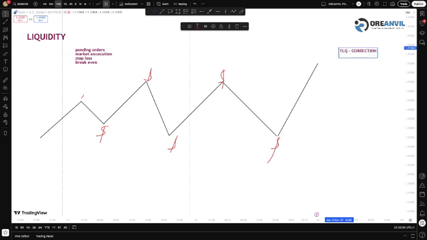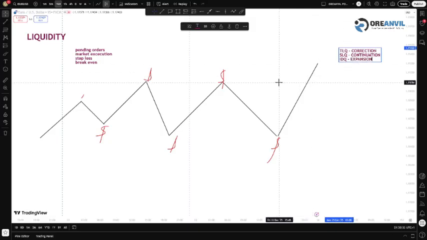The second one is our structural liquidity, for continuation. And the third one is our inducement liquidity. This is liquidity for expansion.